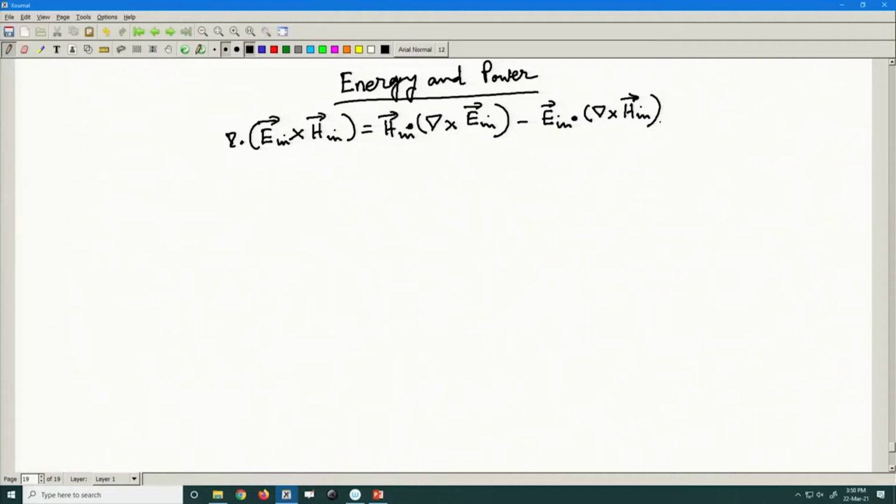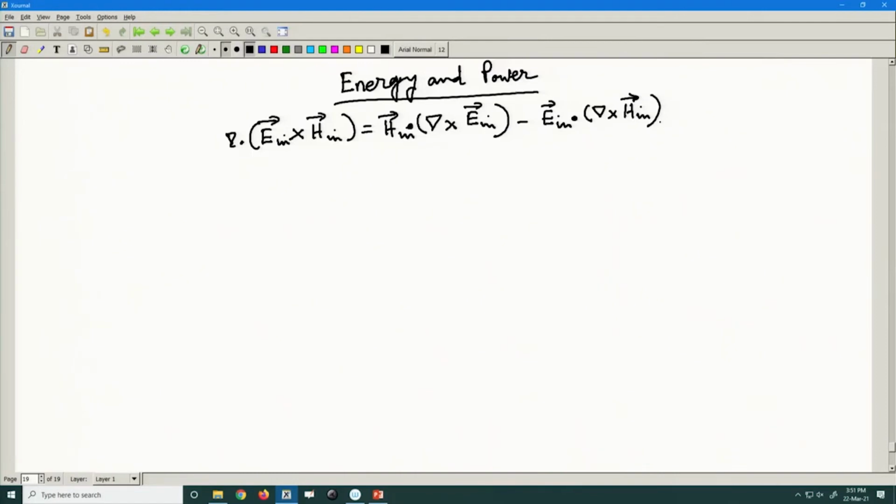So, this is the vector identity. Divergence of E in cross H in is H in dot curl of E in minus E in dot curl of H in. This is a general identity for any two vectors A and B. It is not restricted to electric and magnetic fields. We apply that identity to the electric field and magnetic field vectors. E in and H in, as before, denote the instantaneous electric and instantaneous magnetic fields respectively.